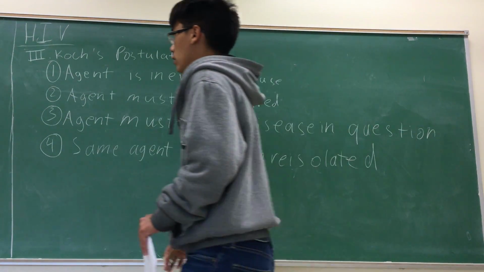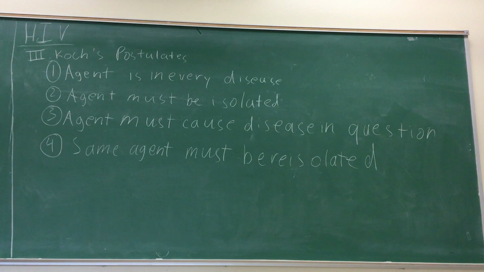So if you fail any one of these criteria, then that bacteria or that virus that you're looking at is not the one that's causing the disease. So let's say I have hepatitis, an inflamed liver, and they isolate a virus that kind of looks like a coronavirus, and that coronavirus is found in every case of the disease.